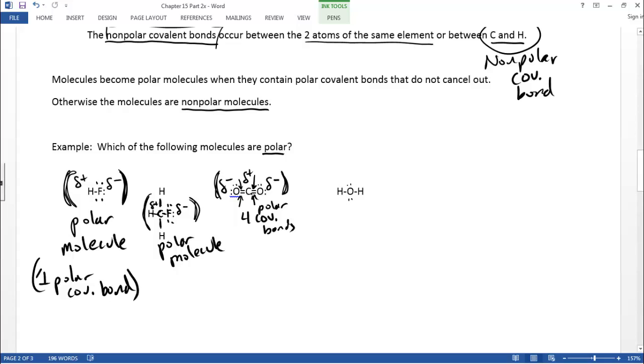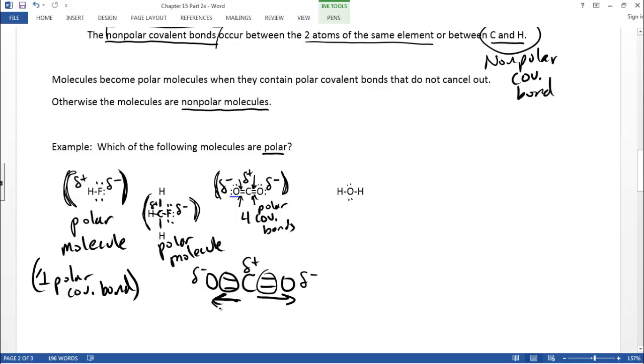It's like a tug-of-war. The carbon and the oxygens are in tug-of-wars here, and this oxygen on the right is yanking the bonding electrons to the right, whereas the oxygen on the left is yanking the bonding electrons to the left, and there's no net swing of electrons. Sure, carbon is feeling positive, but this end of the molecule is negative, and so is this end.